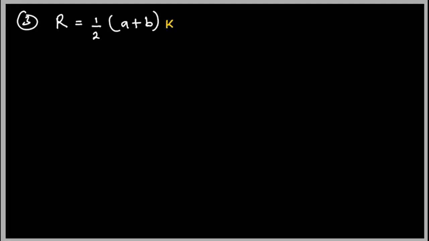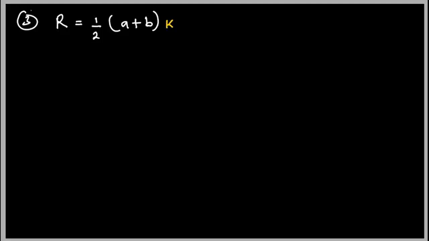Had we been asked to look for either a or b, I would have needed to expand that bracket. But since we are finding k, and k is not in the bracket, please don't expand.